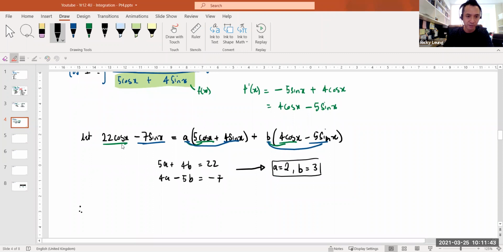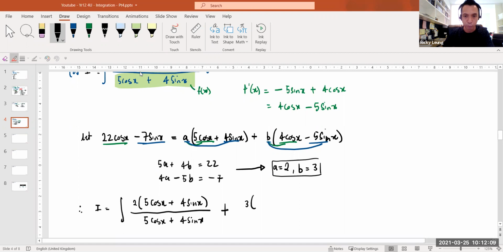This is exciting. Therefore, I equals 2 times the denominator over the denominator, and then break up the fraction, plus 3 times the derivative over the denominator.